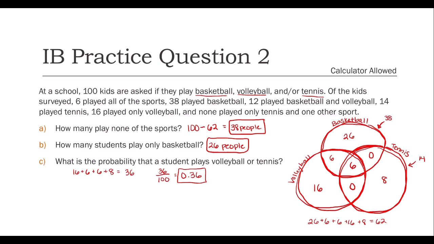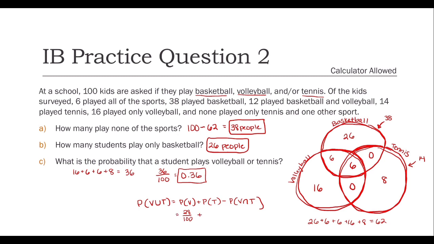We could also do this with our equation. So our probability of volleyball or tennis equals our probability of volleyball plus our probability of tennis minus our probability of volleyball and tennis. So our probability of volleyball is our total in the volleyball circle. So 16 plus 6 plus 6, which is 28 out of the 100, plus our probability of tennis.